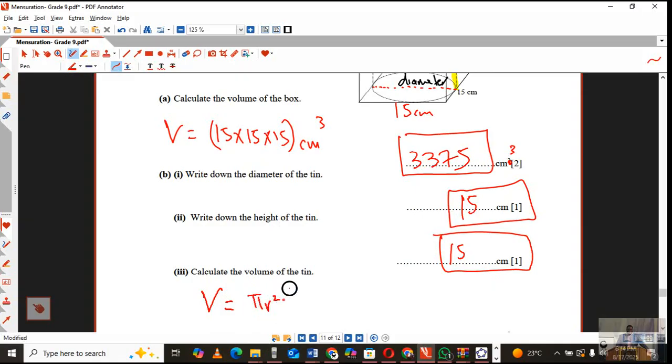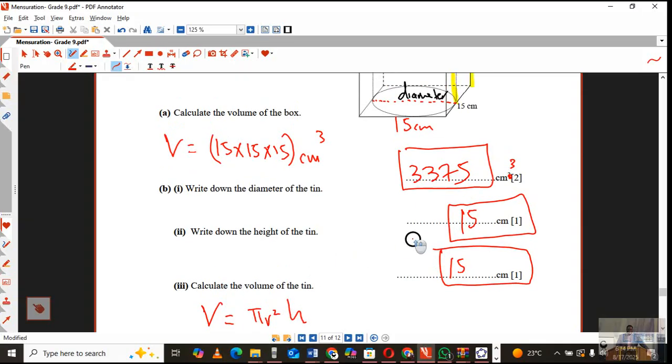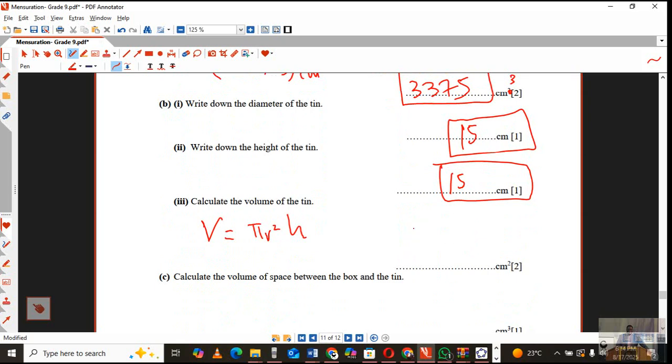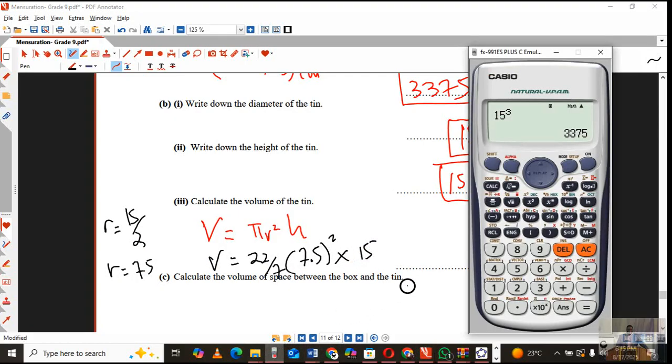Volume of the tin is cylindrical. It's pi r squared times the height. The radius, now you have to be careful. The radius, very important. We did calculate the radius. The radius was 15 divided by 2. The radius is 7.5. So the volume would be 22/7 times 7.5 squared, and the height is 15. So let's just punch it in and see what we're getting. 22/7 times 7.5 squared times 15.